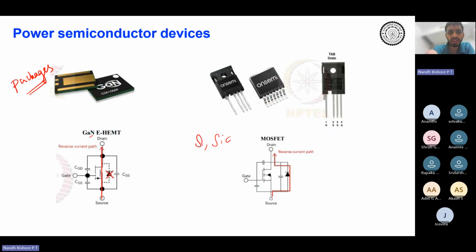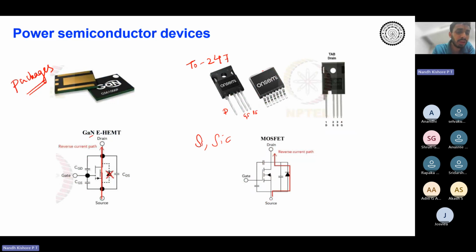For instance, this package is called a TO247 package, and it will have separate leads called drain, gate, source, and Kelvin source, right? So this is one package and this is another package. So they come in different packages.